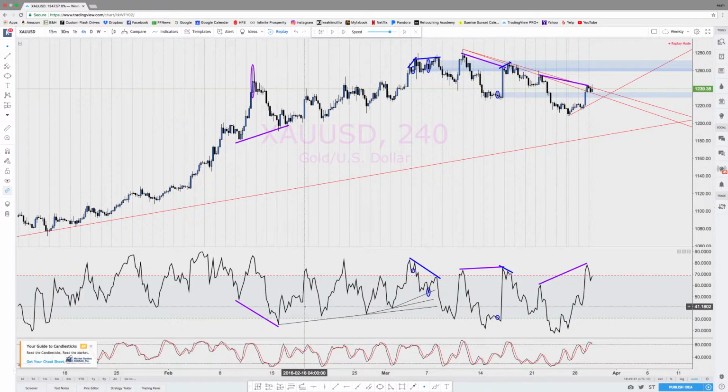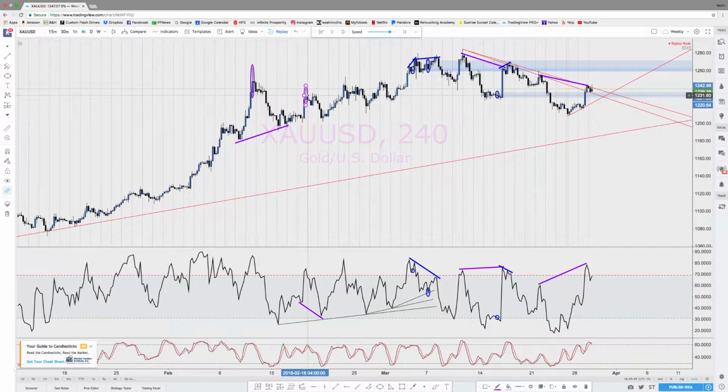Okay, we have another hidden divergence here, like this. Zones here. That zone candle is high as well. Okay. Anything in here? I don't see anything that good.